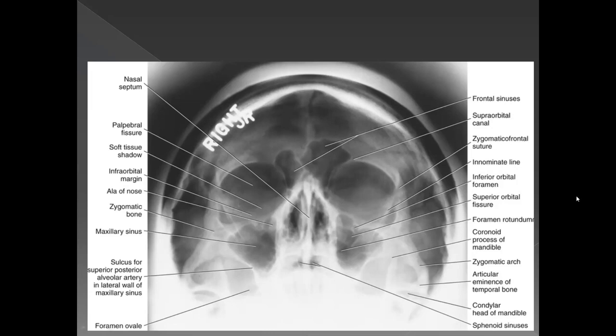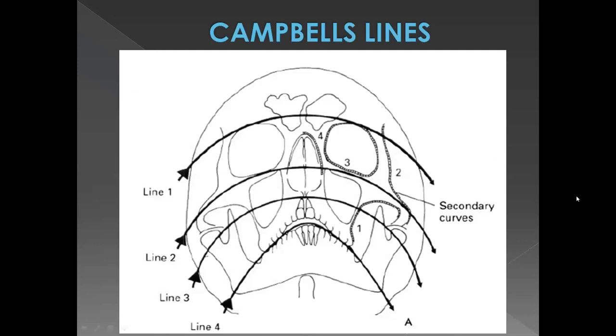All right. Now, interpreting these, this Waters view is very essential because it has specific lines and curves that you are expected to know. The lines that you are seeing over here, these are called Campbell's lines, all right?